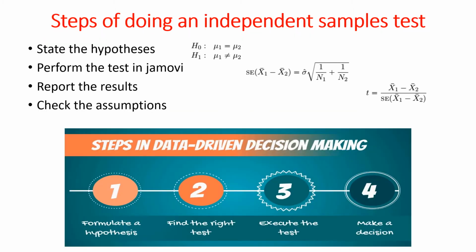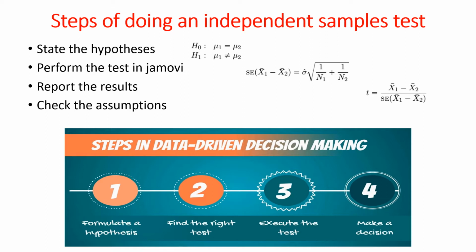If you remember, before we start doing the statistical analysis, we always need to have a prediction. We always need to formulate our hypothesis. We can't just go blindly, because all statistical tests are based on the concept of null hypothesis testing.